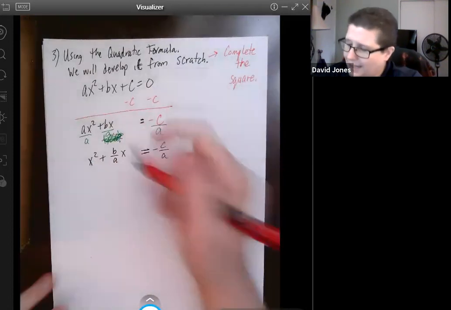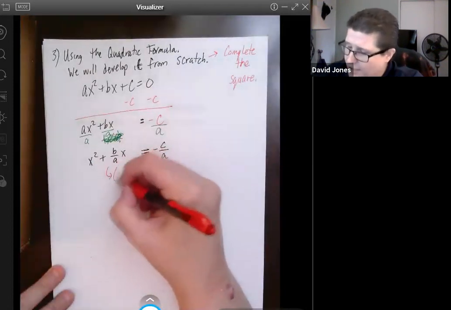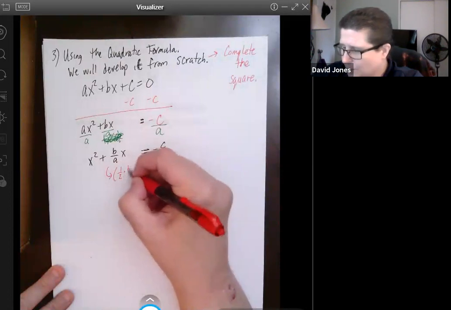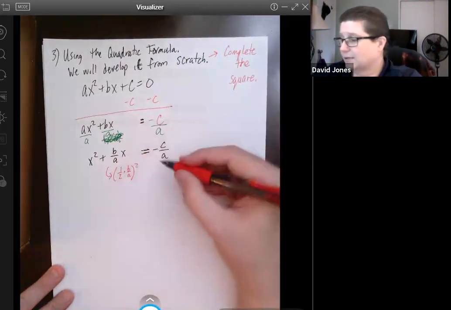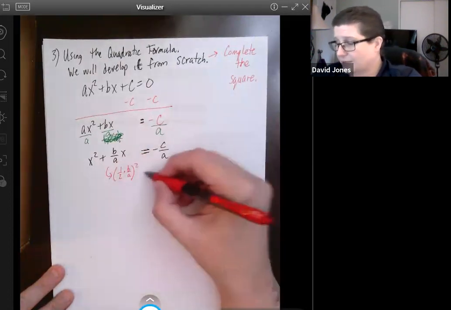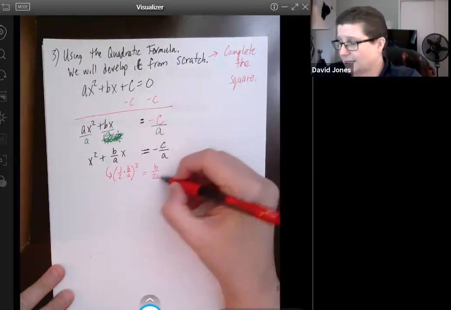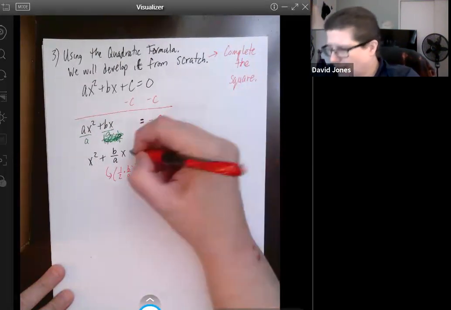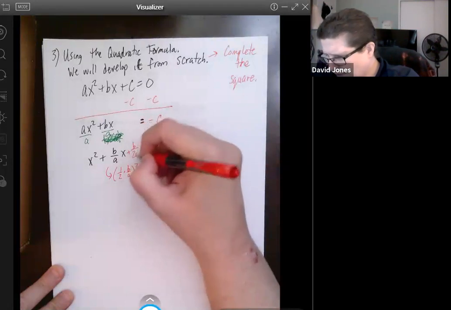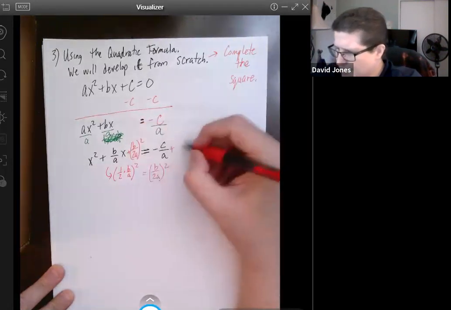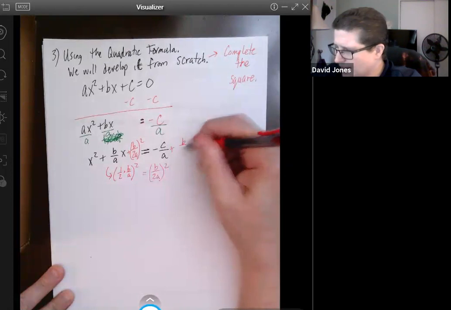Now we cut it in half. And the easier way to do that is take the 1/2 and multiply it by b over a and square it. This is b over 2a squared. That's what I'll add to both sides. Since I don't know what the values are, I just got to leave it as it is.